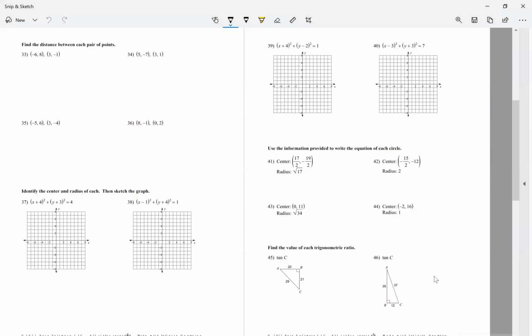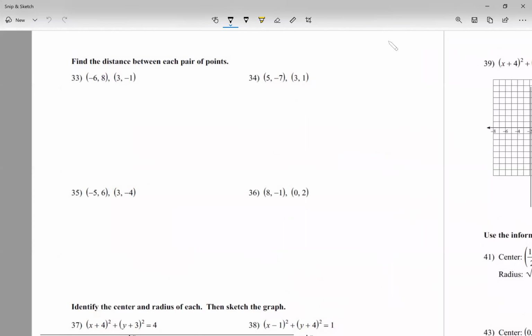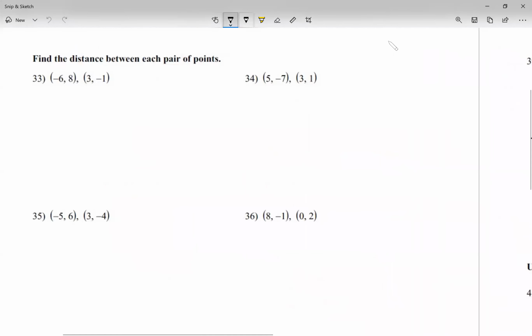So here where it says find the distance between each pair of points, I have 2 points and I'm going to find the distance. I just derived the formula, so I'm just going to use the formula that I just showed you guys a few minutes ago. On my notes, I will just write the formula.